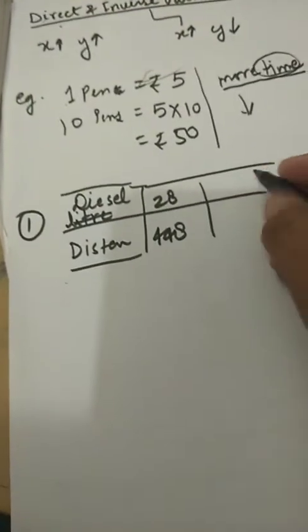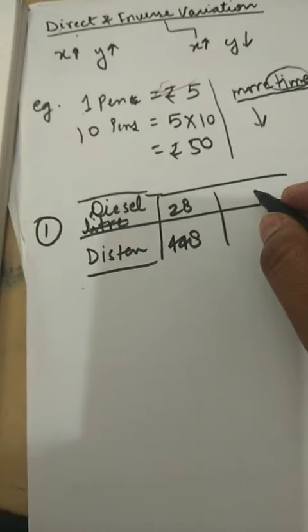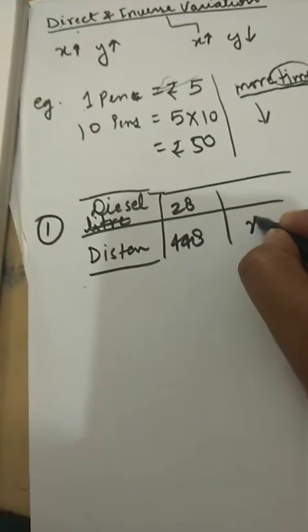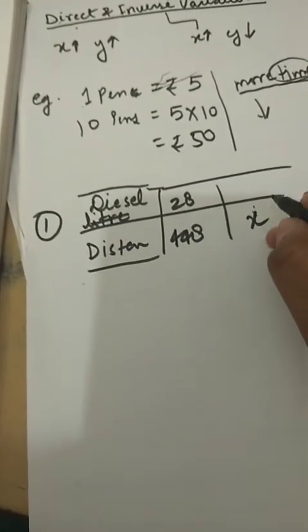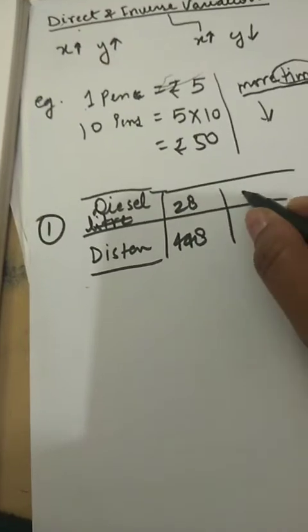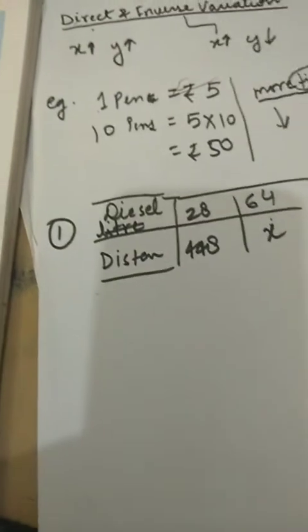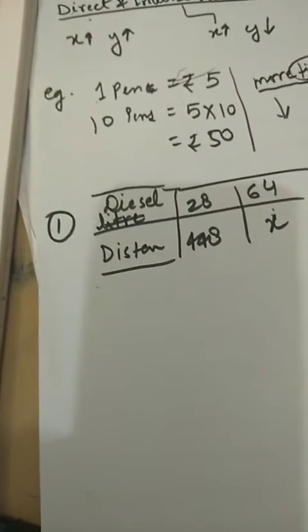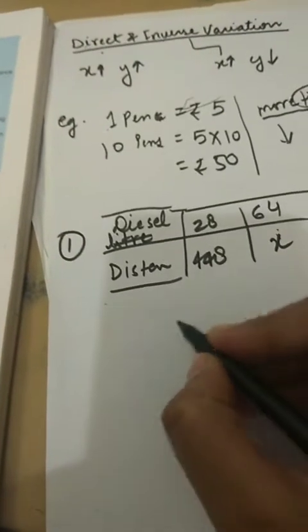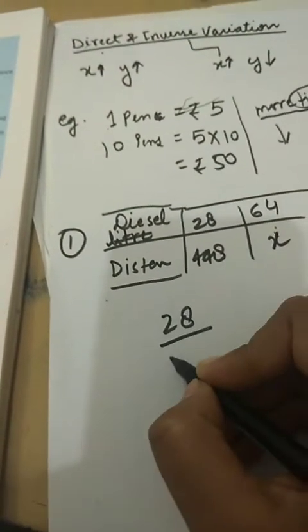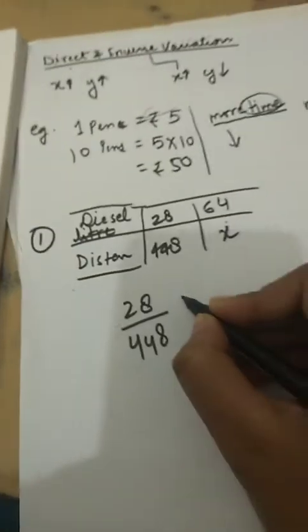The next is how much distance they are asking. So in the distance column you will write x because we don't know the distance, and the next is 64 liters. So this way we are going to do this question, and then after we will just cross multiply the things like this.